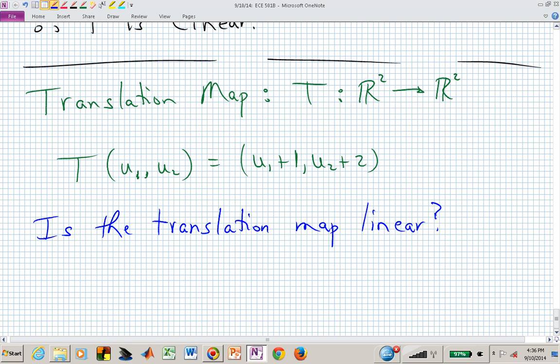Just one counterexample, right? Let's guess it's not linear and see if we can come up with a counterexample. I'm going to just show you the counterexample, and then we'll try to justify why that's okay to use as a counterexample. The answer is no. It's not a linear map.